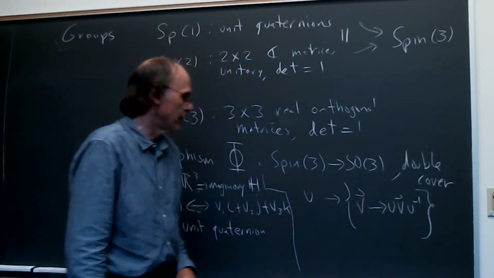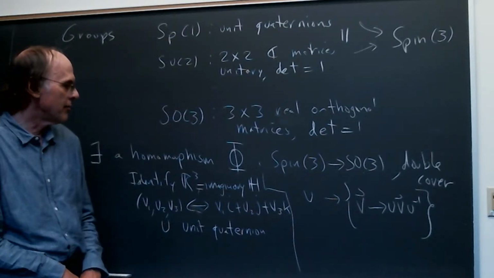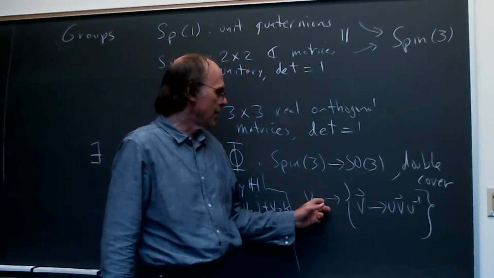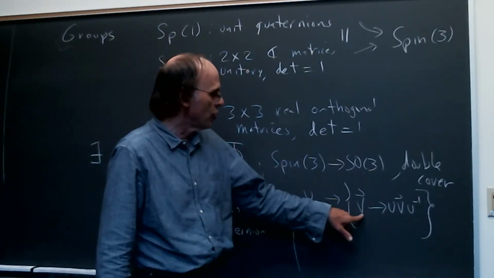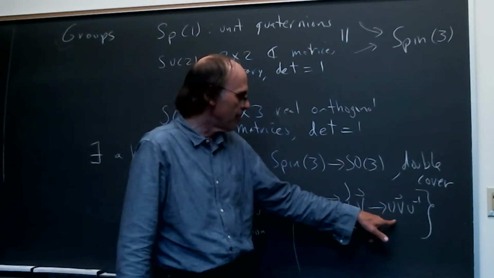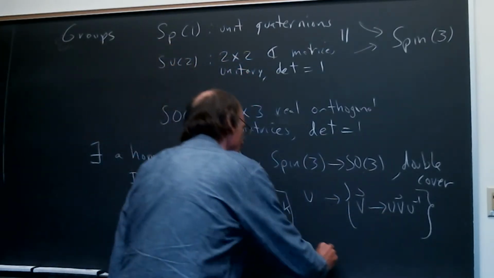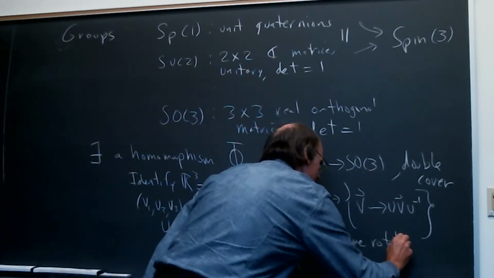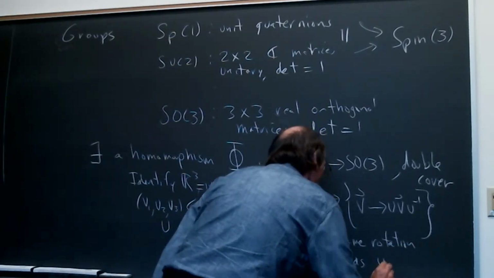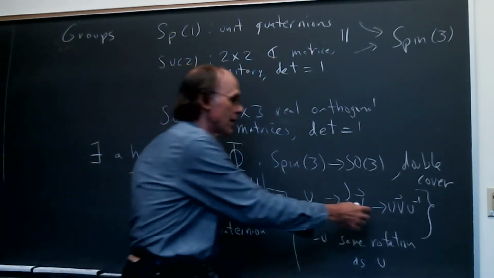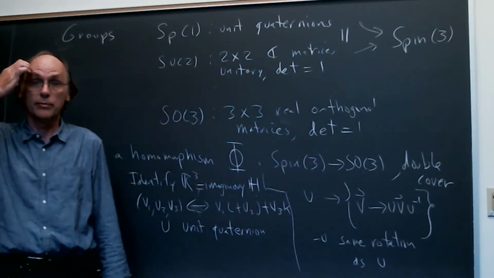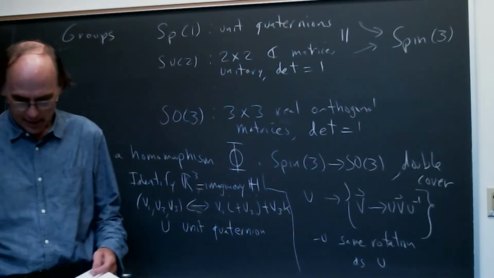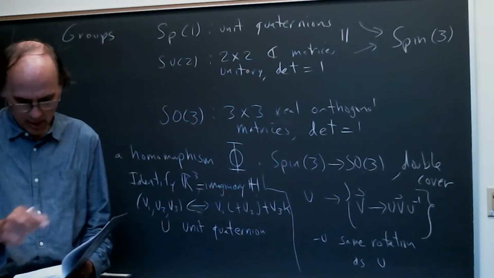But this is the idea, and you can see here that one way to see that this is a double cover is that if you find some u that gives this rotation, then minus u gives it, so minus u is the same rotation as u. Okay, because the minus signs cancel here. So this is the basic idea. And now to try to make this a little bit more explicit.